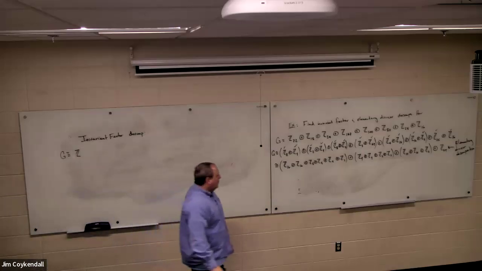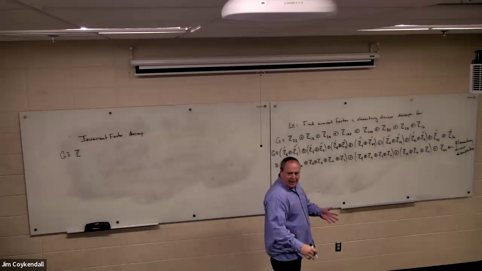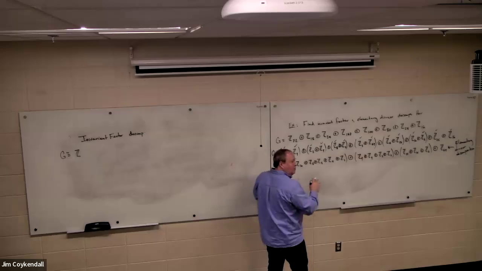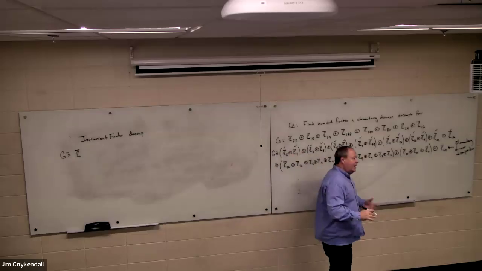Okay, here's what I'm going to do. I'm going to be greedy and I'm going to pick off the biggest. That's why I organize them this way. The first, what's the biggest cyclic piece that I can use?